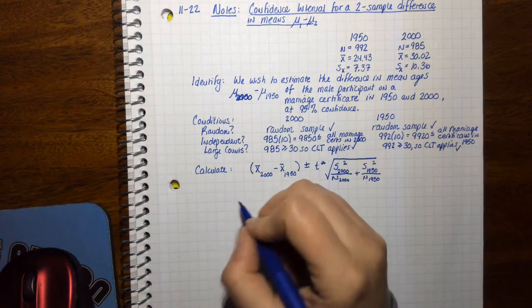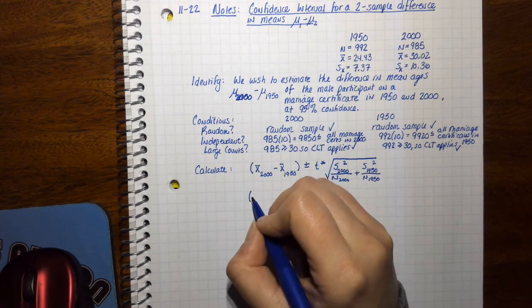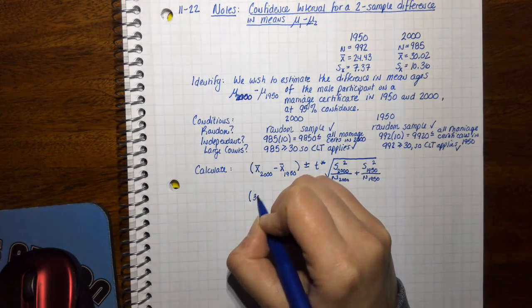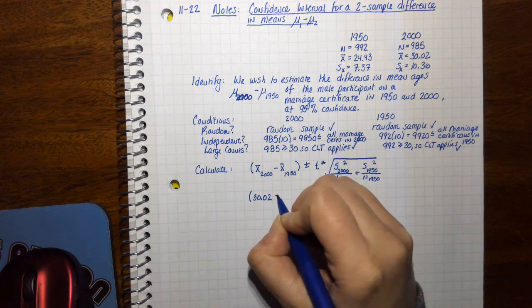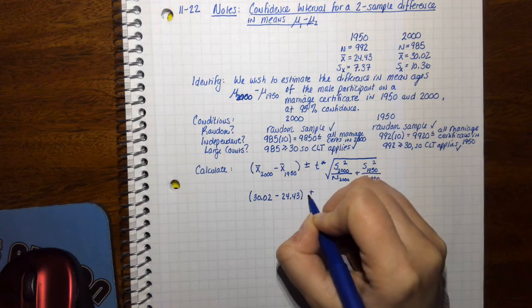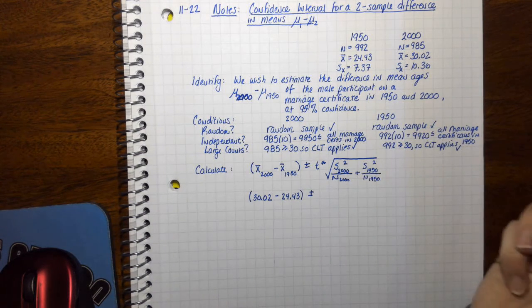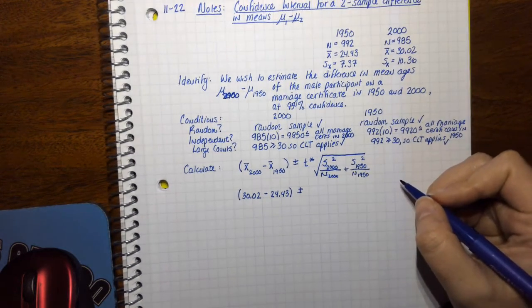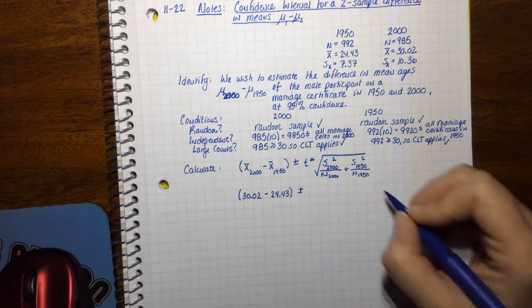All right, let's plug in our numbers. We have 30.02 minus 24.43 plus or minus, okay, T star. All right, let's go over to the side and calculate T star.